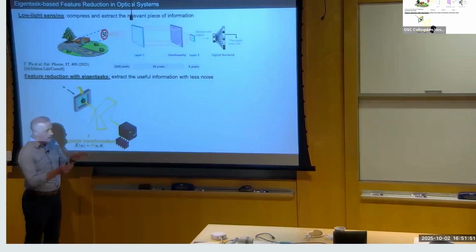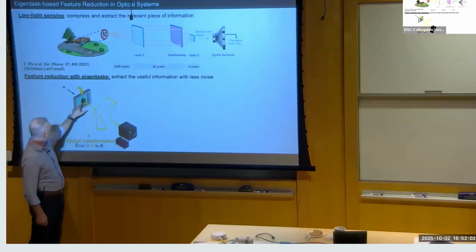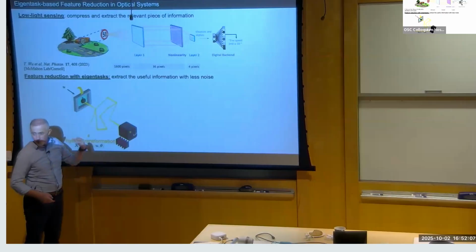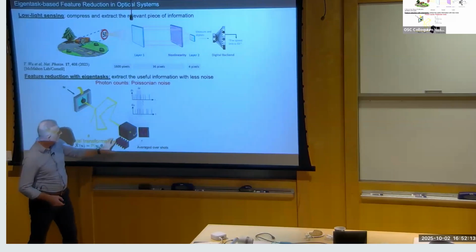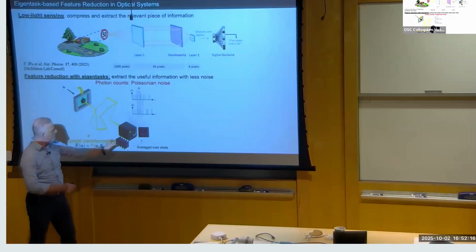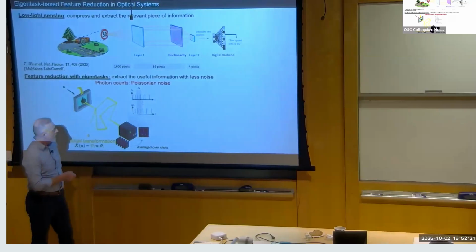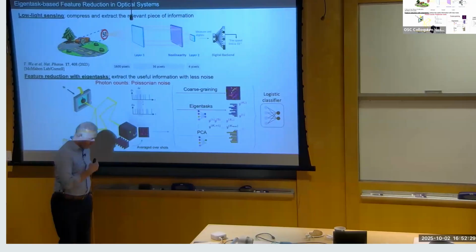So we will fix the integration time, and we will study the accuracy of classification of these images with the number of shots. One shot gives you 1 image, 2 shots give you 2 images, and we want to average an S-shot image with very low photon count, get this very noisy image, and from that be able to classify what this is.